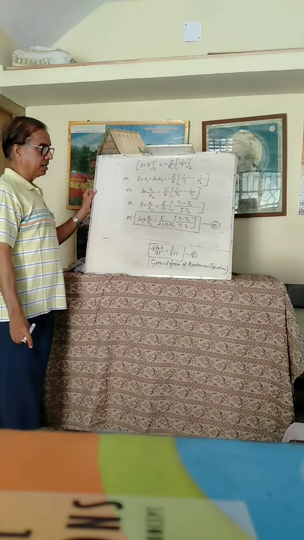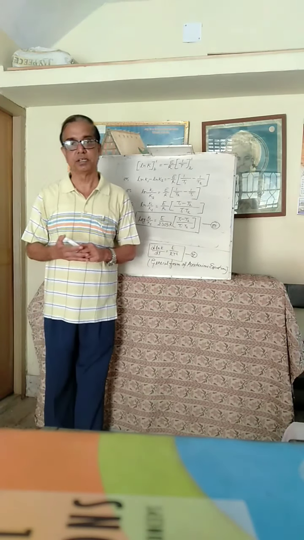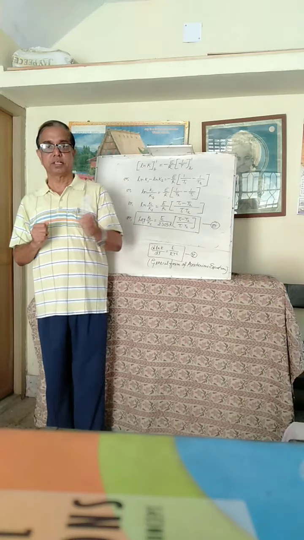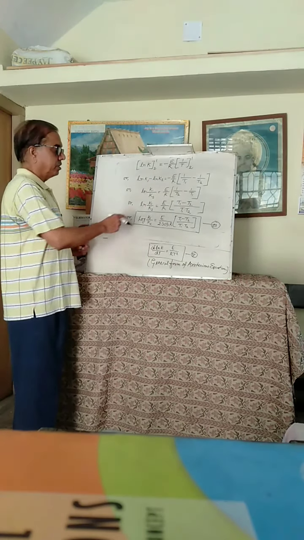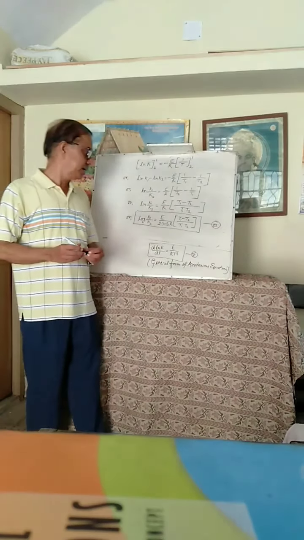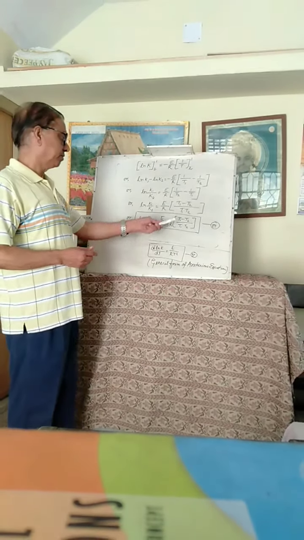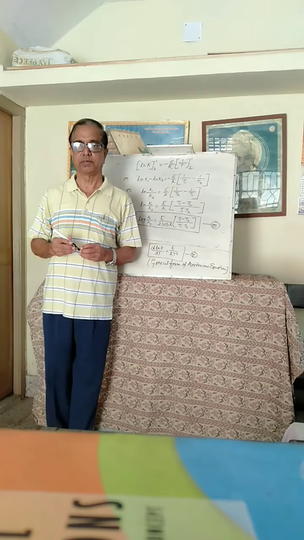Hence, by Arrhenius equation, we can determine the energy of activation by two methods. First is the graphical method, and second, if the values of velocity constant at two different temperatures T1 and T2 are known, then we can put those values in this equation and determine the value of E. This is all about Arrhenius equation. Thank you.